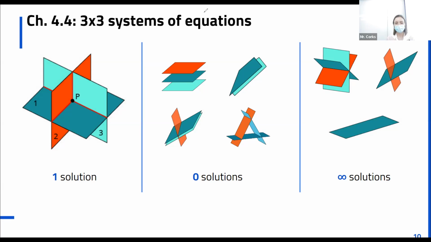So you can see when the planes intersect in a line or overlay each other, we have multiple solutions. If they have only one point in common, we have one solution. And here we don't have solutions, because we don't have any place, point, or line where all of the planes intersect. It's a visual representation for you to get the idea.